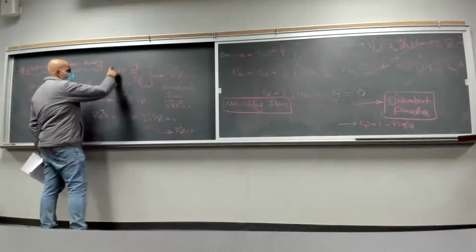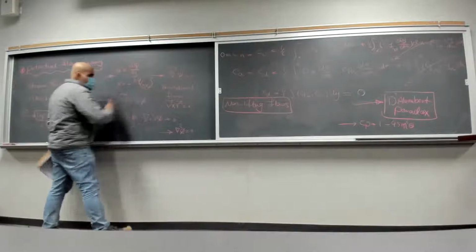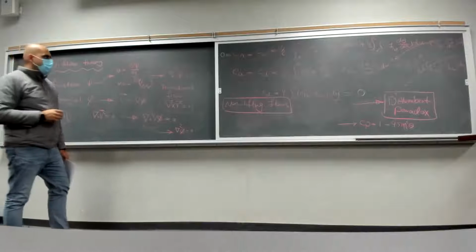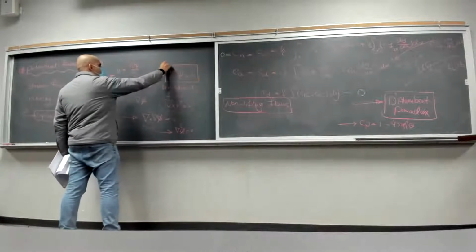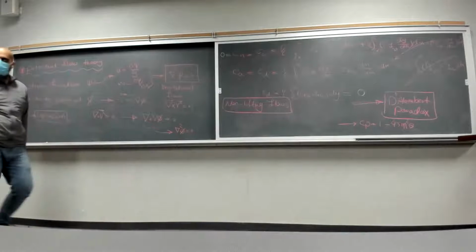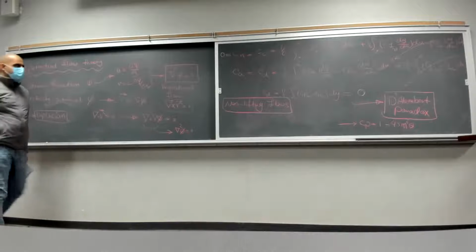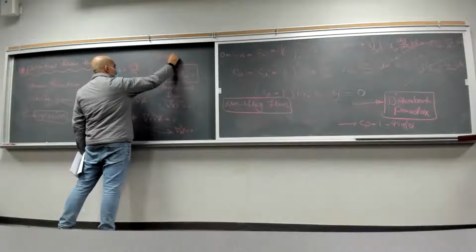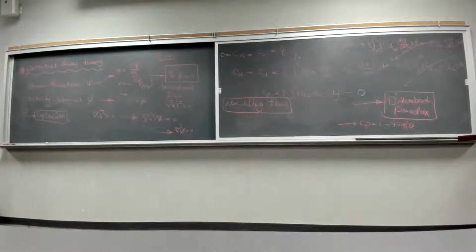Just use these definitions in a Cartesian coordinate system, and the fact that for an irrotational flow curl of velocity is 0, to prove that the Laplacian of the stream function is 0. Okay? So this is the bonus point. Prove the Laplacian of the stream function is 0 for an irrotational flow.